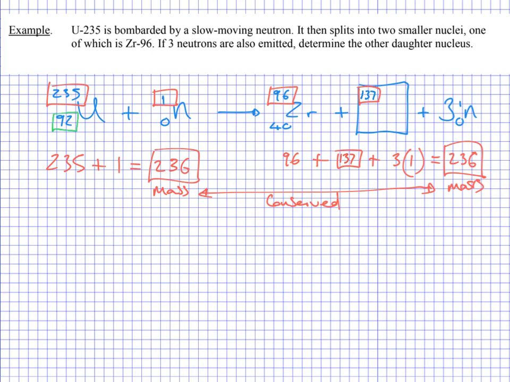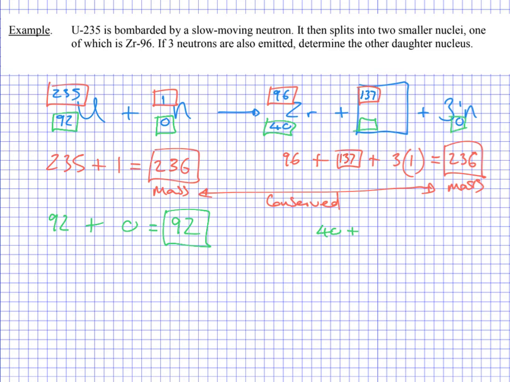So down here we've got 92, so we have to have 92 charges. That would be the elementary charge, plus, well, 0, because neutrons do not have an elementary charge. So it's got to have a total of 92. Okay, over this side we have 40, so we've got 40 plus, well, this is where we're going to have our space. We're not sure what that is.